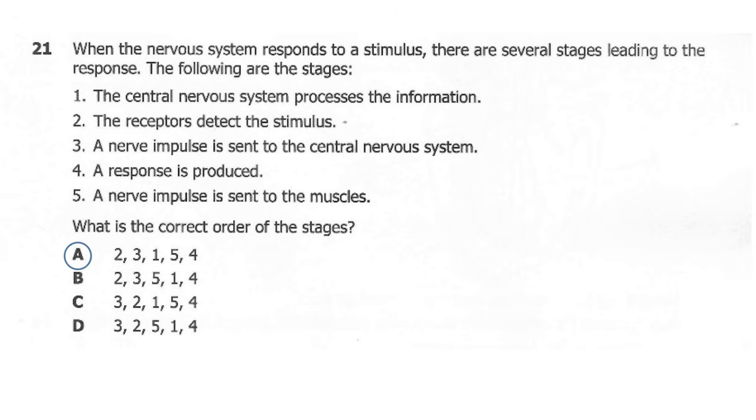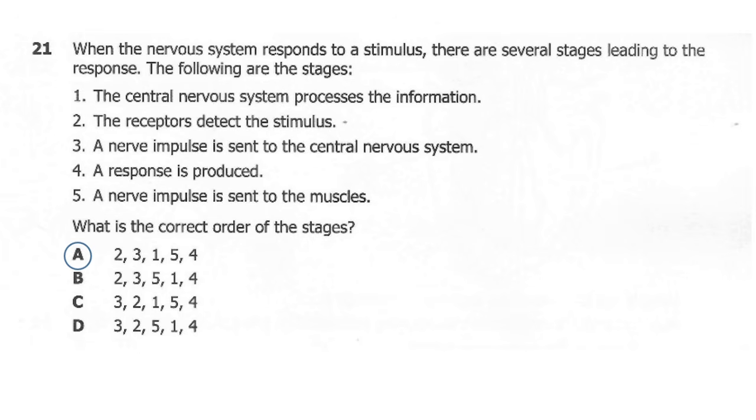The correct answer here is A. Excellent work, chat. So we start with the receptors detecting the stimulus, then the information will be sent to the nervous system through the sensory neuron. So a nerve impulse is sent to the central nervous system, which is 3. Then inside the central nervous system, the information will be processed inside the relay neuron.